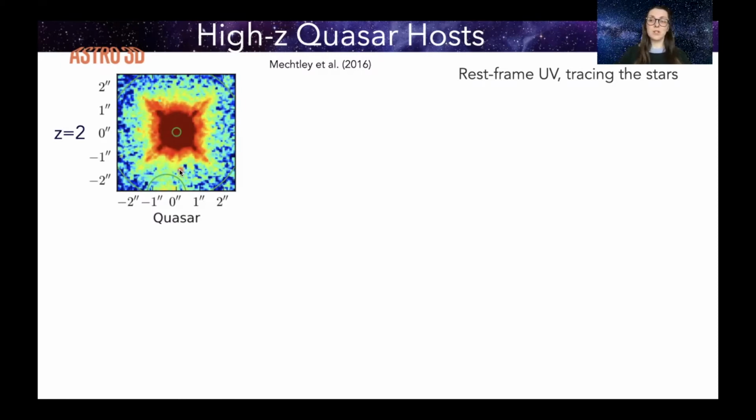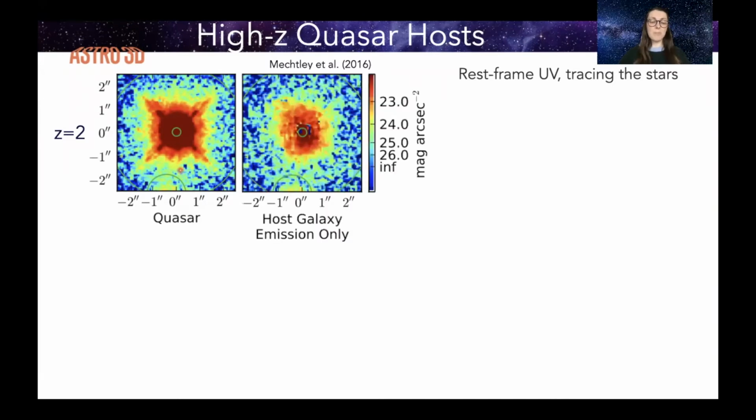And so the way that you can try and detect the underlying galaxy emission is by doing some advanced modelling. By modelling the PSF of the telescope to account for the quasar emission, you can basically subtract off the quasar and see what's left underneath. And so this has worked really well at redshift 2.